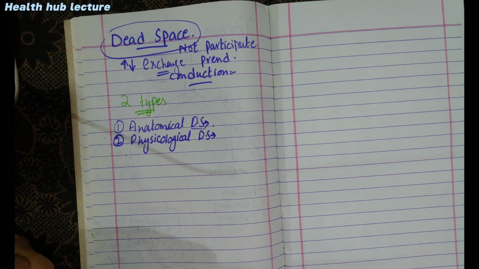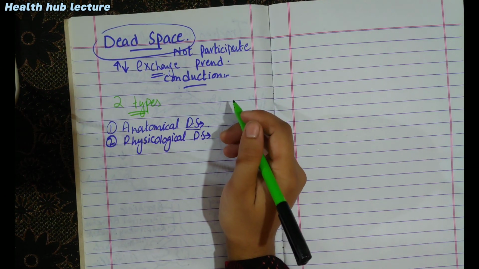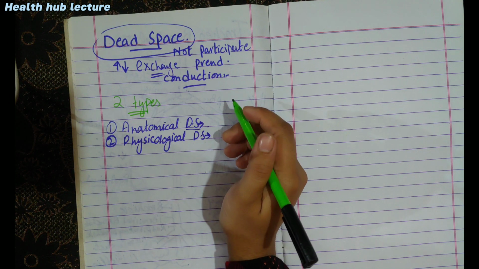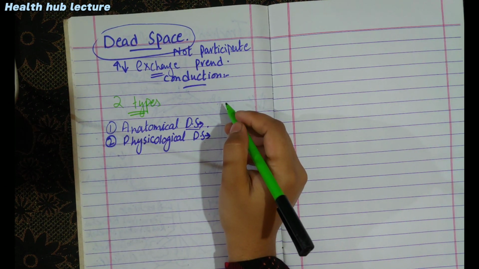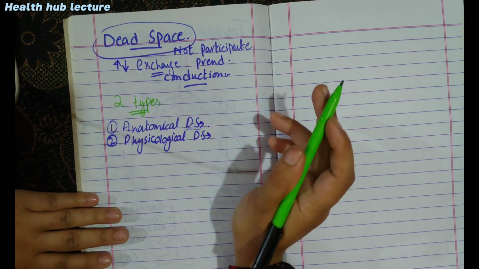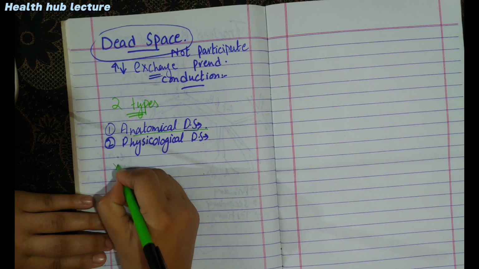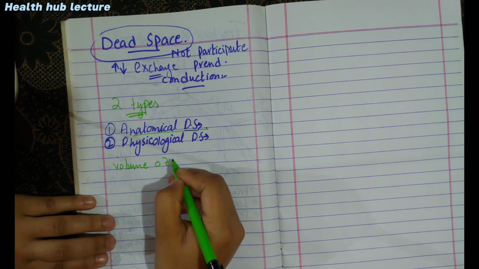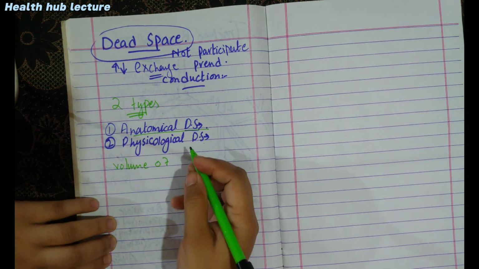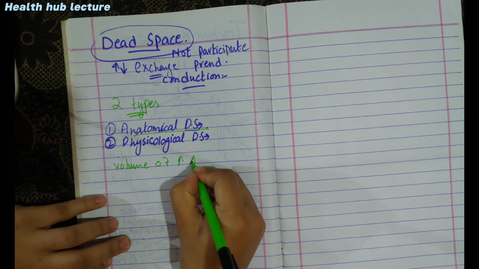The anatomical dead space: in this, the volume of the air is present in the conducting zone of the tracheal tree and not participating in the exchange of gases.